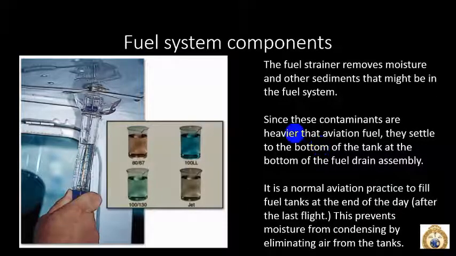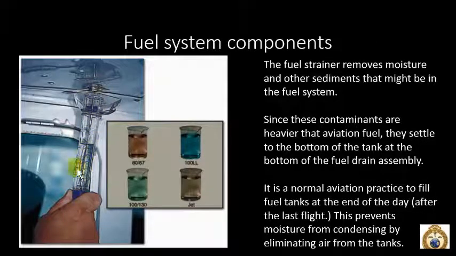Fuel system components. This is a fuel strainer drain. Now, this is the lowest part of the fuel tank. And at this point, any sediment or water, garbage, trash that should not be in the fuel system is going to come right down here. This is actually a pin that pierces into it, and then it allows fuel to come down.